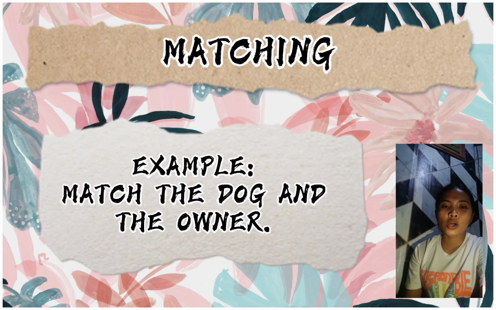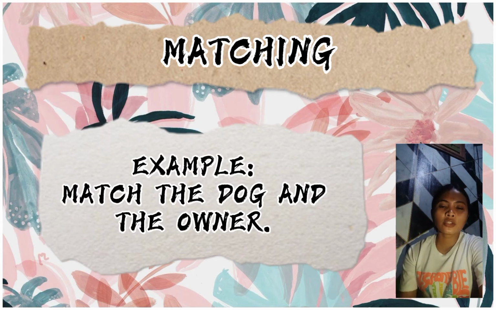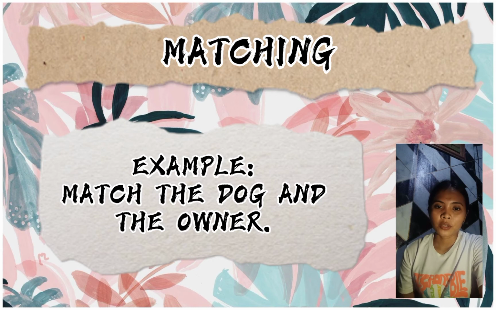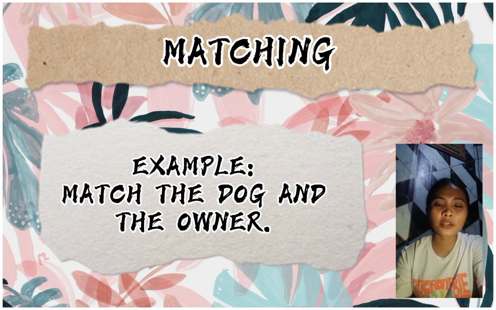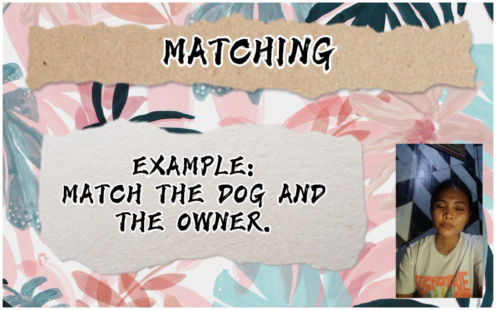An example is matching the dog and the owner. We need to match the dog to his or her owner and the owner to his or her dog. We can't put the dog with another person, because it's no longer called matching.